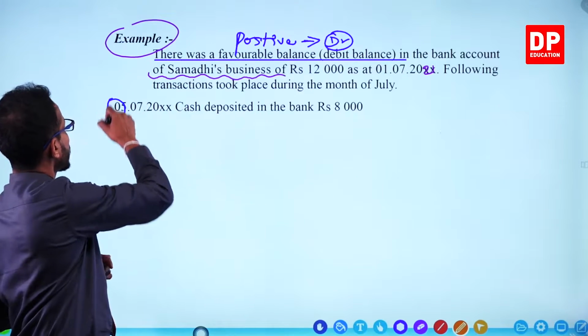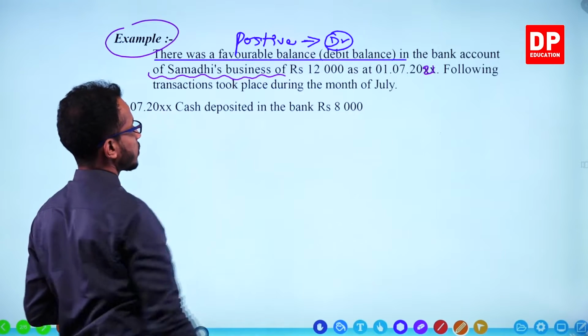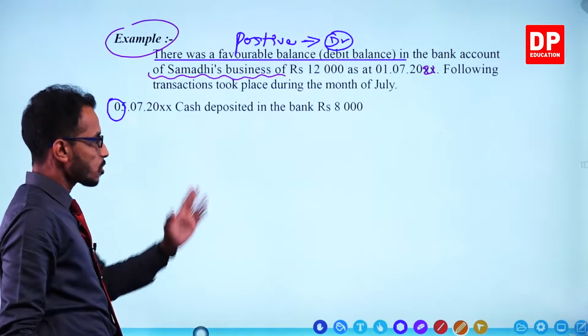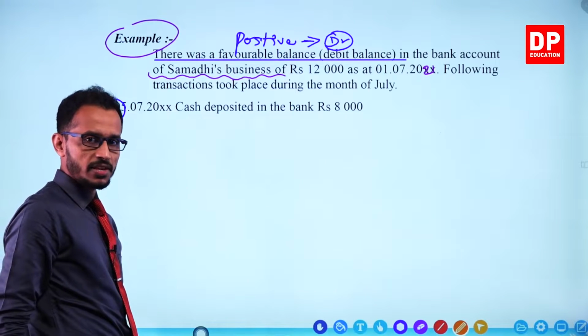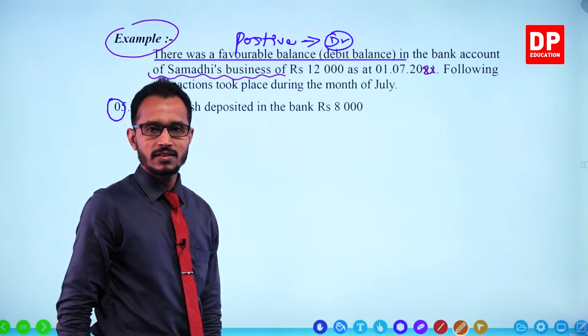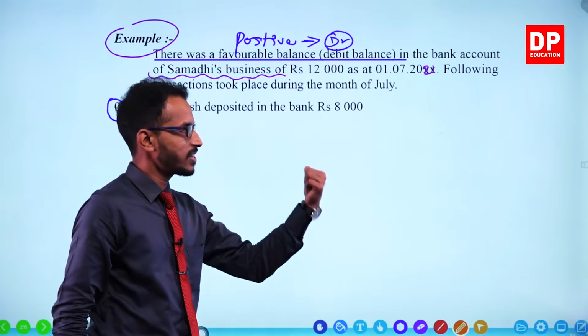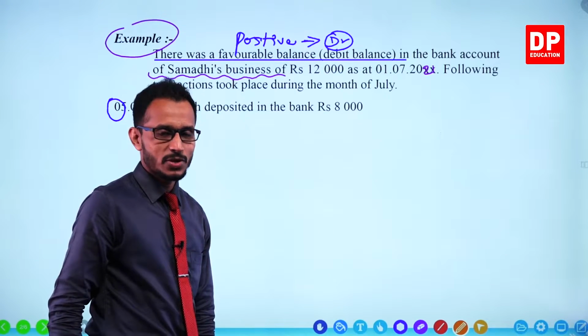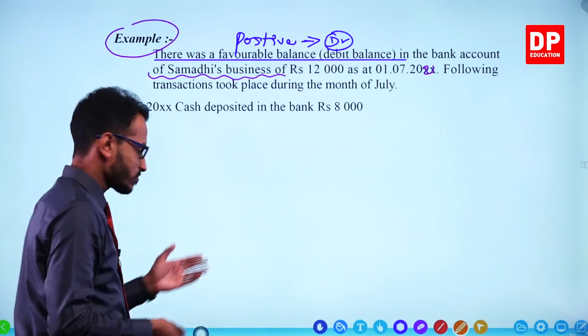5th, cash deposited in the bank. Let's draw the bank book, shall we? Well, didn't you notice that this is an example exercise? No need to draw, the bank accounts are drawn.